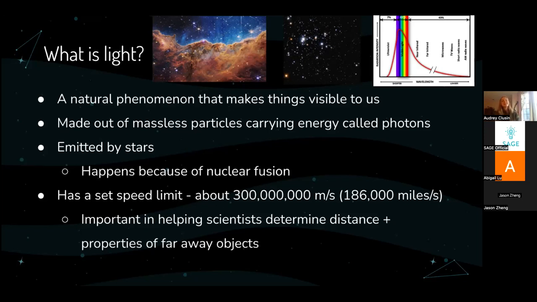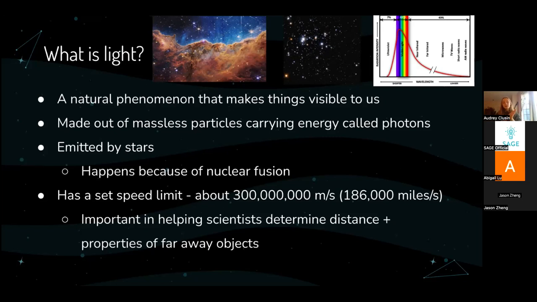Anyways, in the context of astronomy, the light that we're studying is emitted by stars, and it's traveling all throughout the universe. And specifically, it hits the Earth or any sort of astronomical observatory that we've created, and we look at it. Light that comes from stars is specifically emitted because of nuclear fusion.